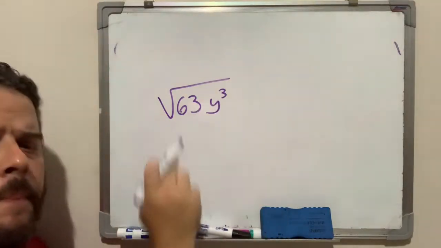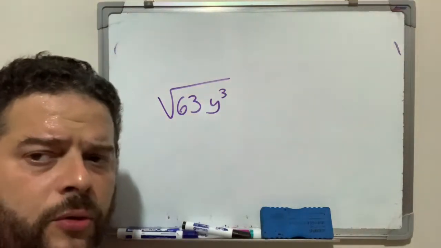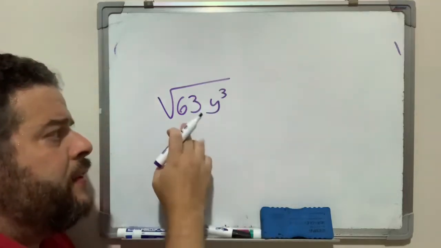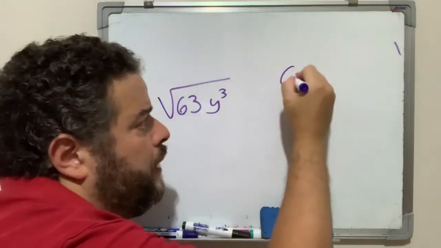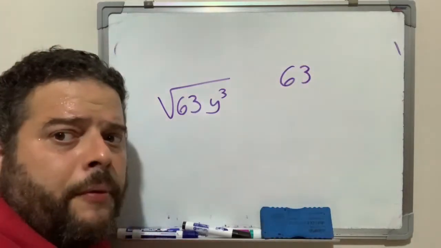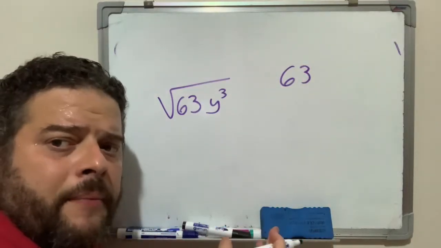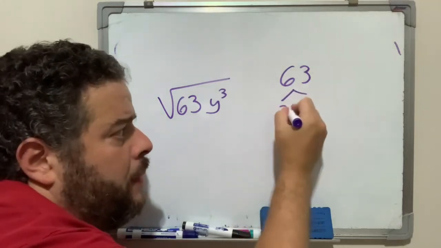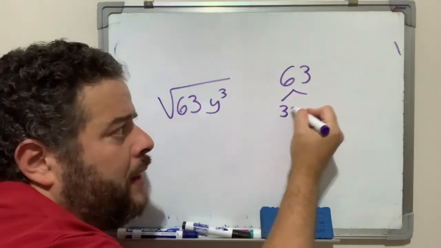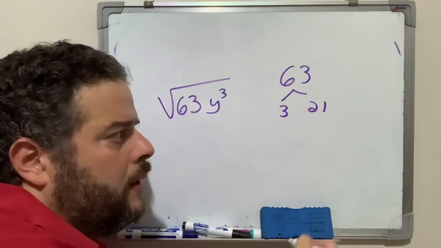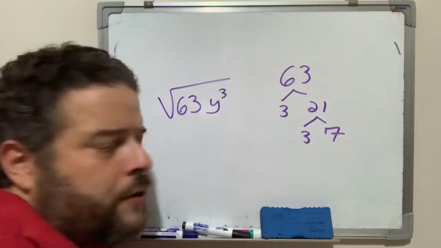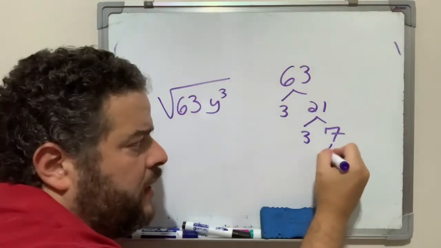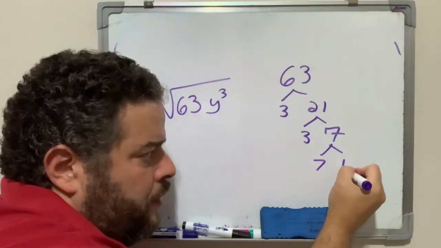Now, I taught you guys to do the little breakdown of the factors when you can't just normally break them up. So 63, to do the little breakdown tree, you can't divide it by 2, but you can definitely divide it by 3. When you divide 63 by 3, you end up with 21. Now 21, again, can be divided by 3, and you're left with 7. 7 can only be divided by 7, and you're left with 1.